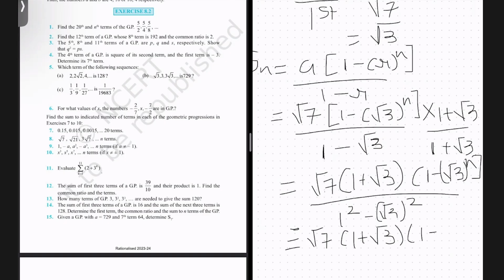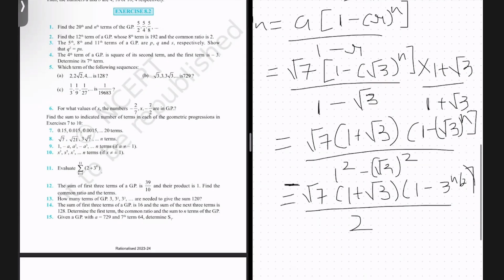Let us express root 3 as 3 raised to the power half, so this now becomes 3 to the power n by 2. To simplify, the denominator becomes 2, and I've already written the negative sign that comes from 3 being subtracted from 1. Now let us propagate this negative sign into the bracket right here.